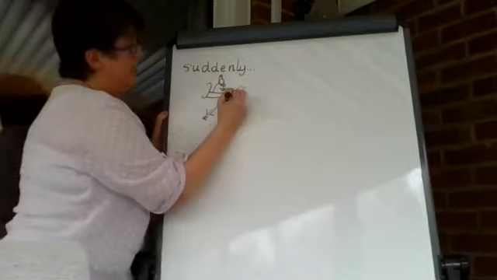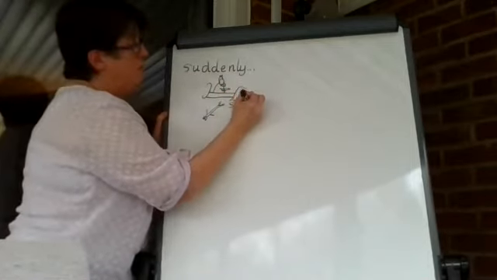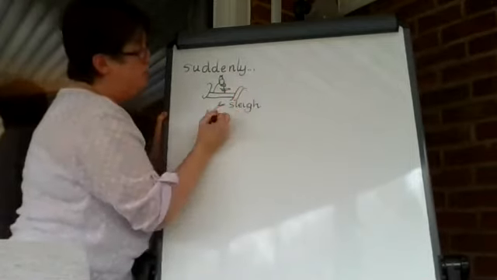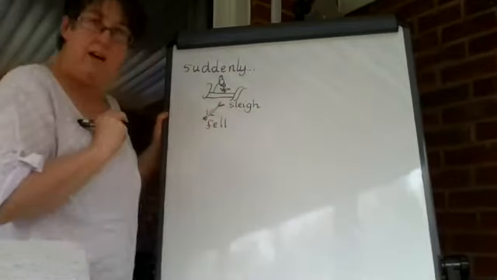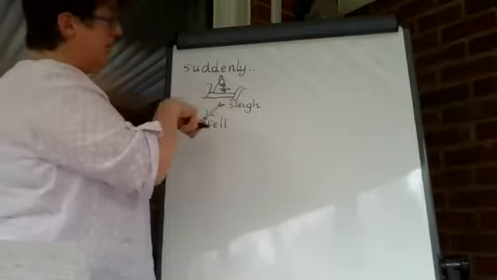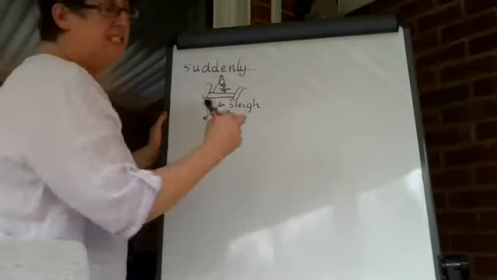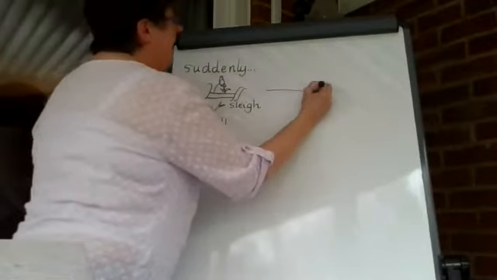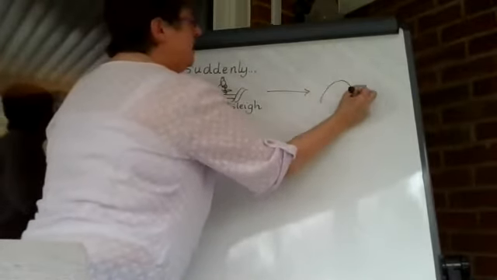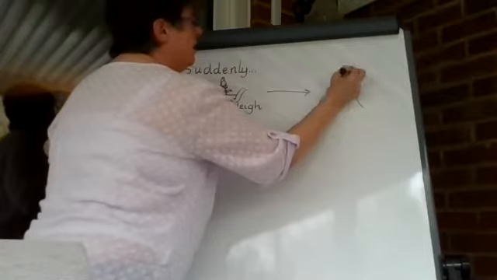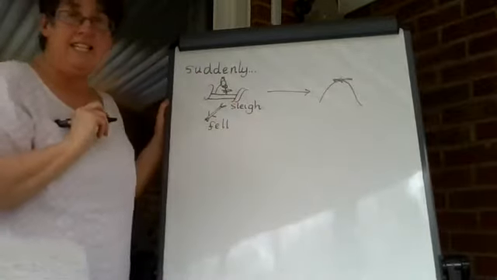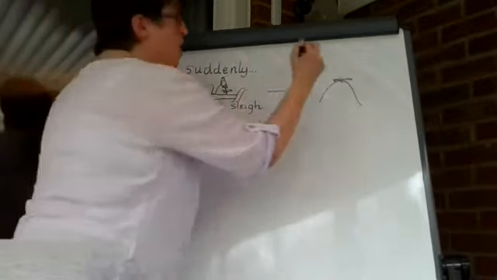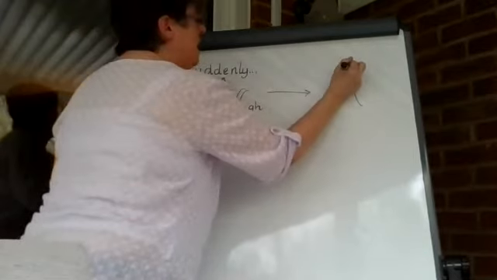Suddenly, Stickman fell off of the sleigh. I'm going to add some useful words. Remember, these words on our story map help us with our writing, don't they? So suddenly, Stickman fell off of the sleigh and he landed, here he is landing, he landed on the top of a snowy hill.